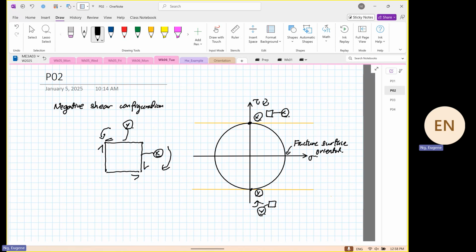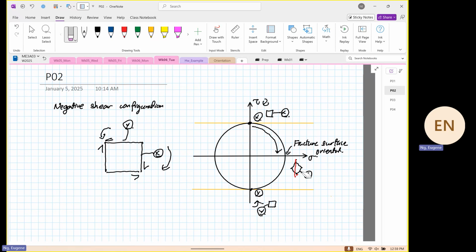Okay. So now X will come here, it will rotate in a what? In a clockwise direction. So the element rotates in a clockwise direction. And then what will happen is this is our X, and then this is our fracture orientation. Oh no, I think I got something mixed up.